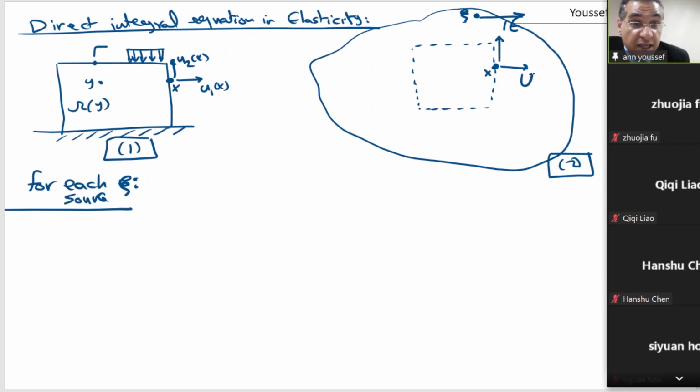The name of the displacement here is the fundamental solution between the point xi1 and the point x. The direction of the load at xi is 1, and I'm computing in direction 1. Here is the fundamental solution between the point xi1 and point x, the direction of the load is 1, and I'm computing in direction 2.